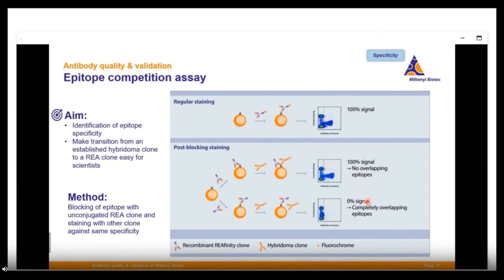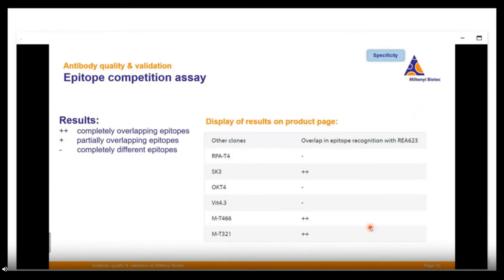In case the hybridoma clone and the REAffinity clone share the same epitope, the pure REAffinity antibody will completely block the epitope. Thereby, the fluorochrome-conjugated hybridoma clone will not be able to bind, and you will not see any signal. On the website, we display this data in this kind of table.